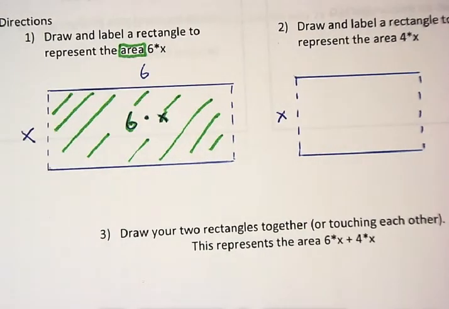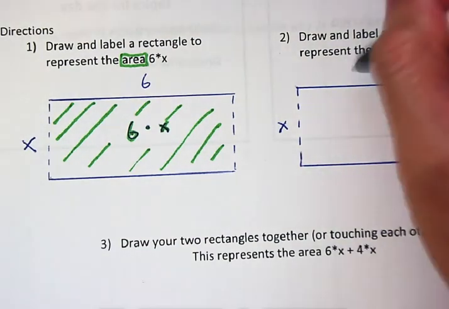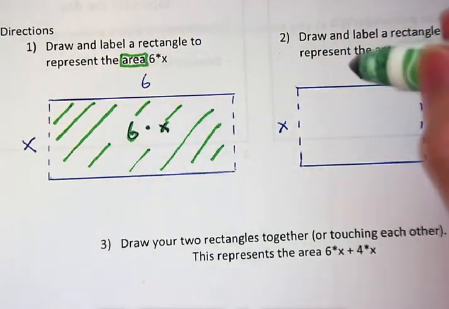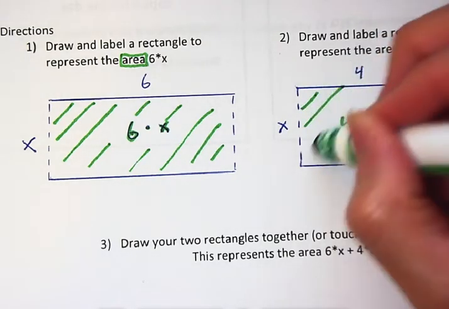Okay, so here we now have one side that is my x long. This side is 4. So the area inside is 4 times x big.